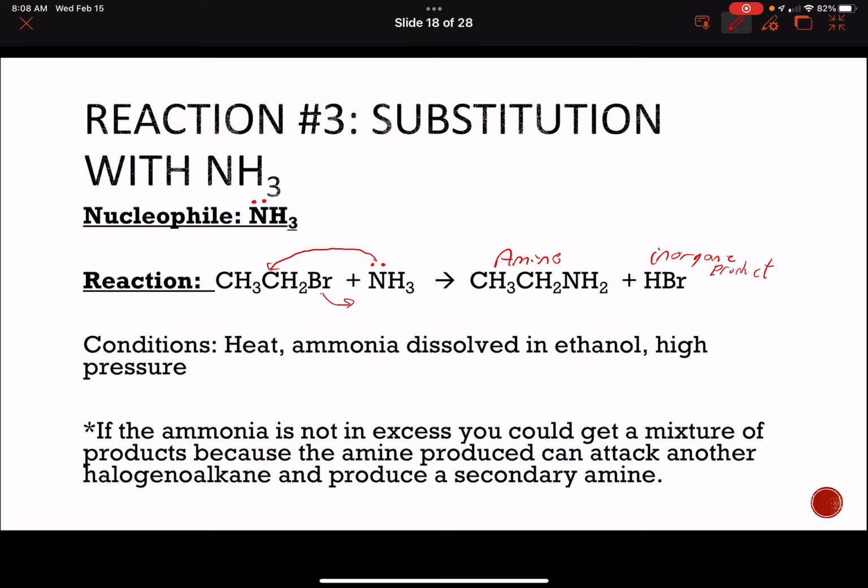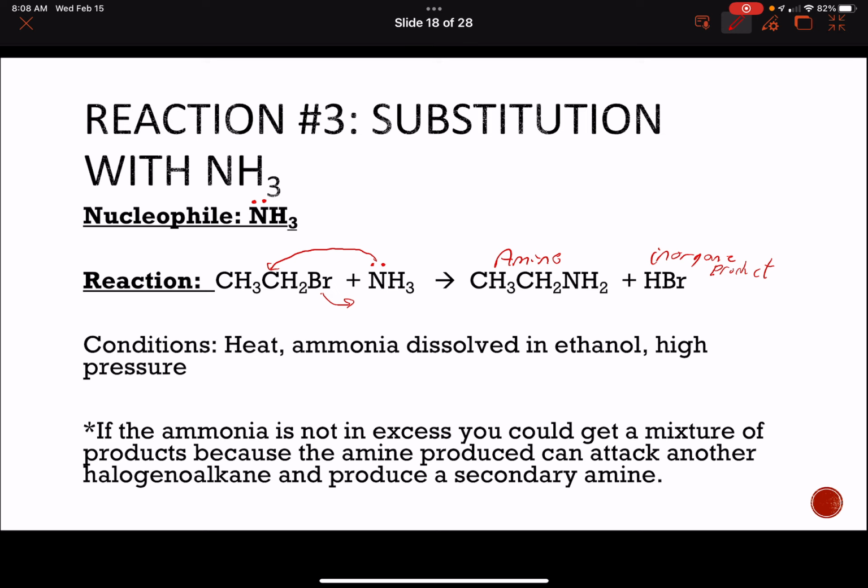Conditions: heat, and I would say ammonia is a reagent, but dissolved in ethanol is a condition. This was mentioned in the syllabus standards: you also need to remember this takes place at high pressure, but you don't need to memorize an exact pressure.